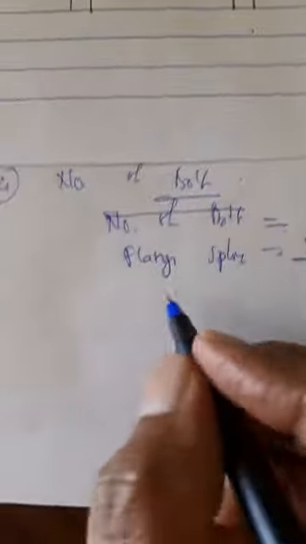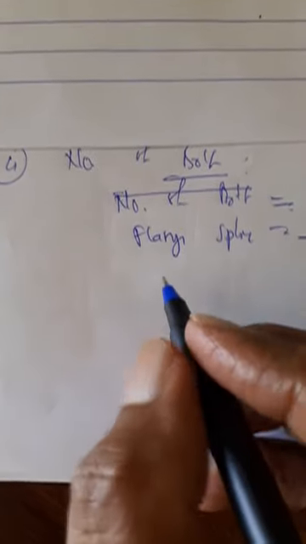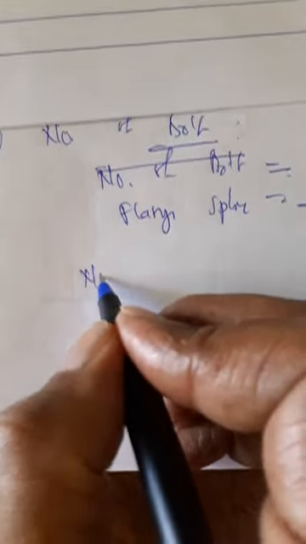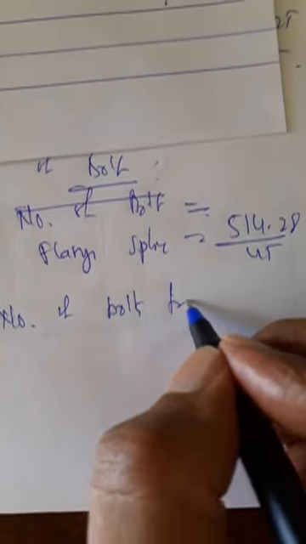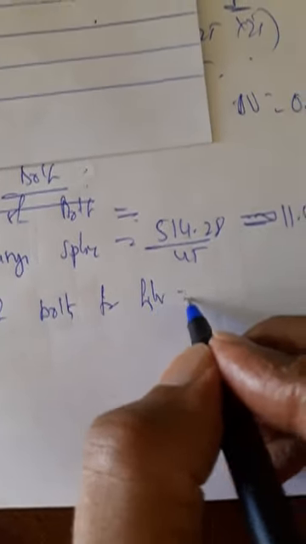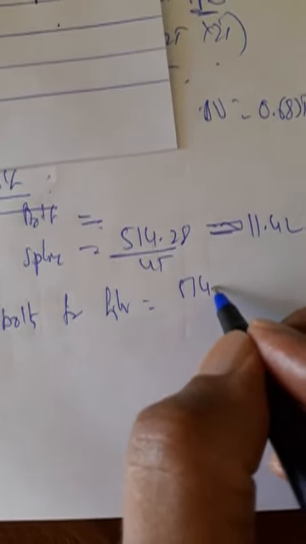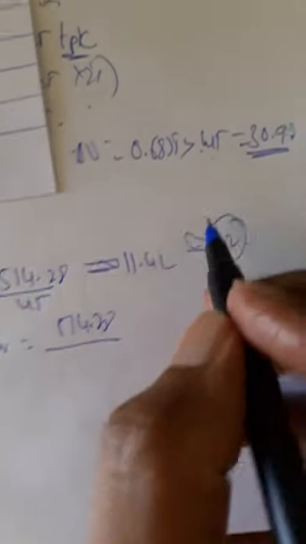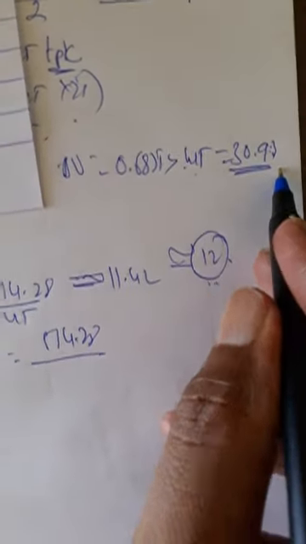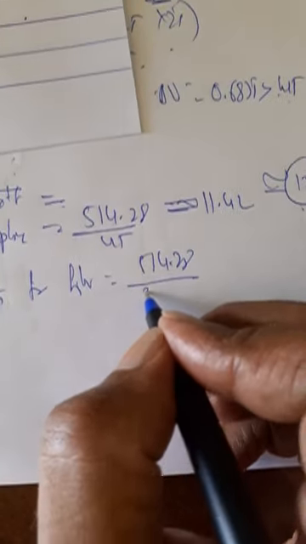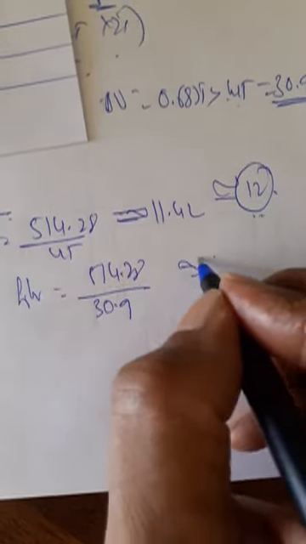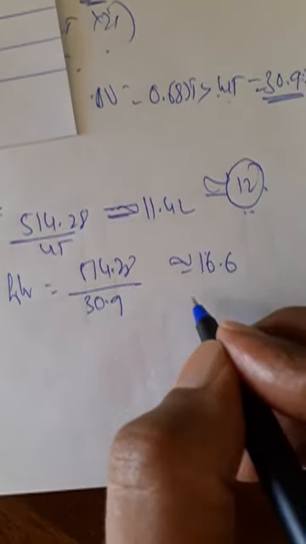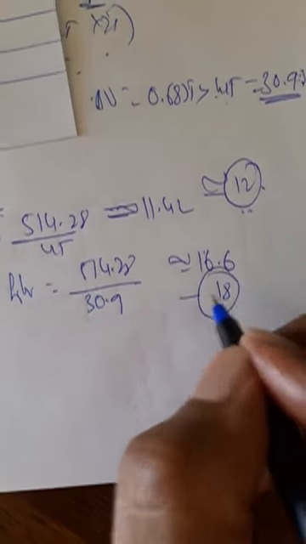Next, number of bolts for filler plate is equal to 514.28 divided by bolt value for filler plate 30.9. So you have the answer 16.6, say 18.